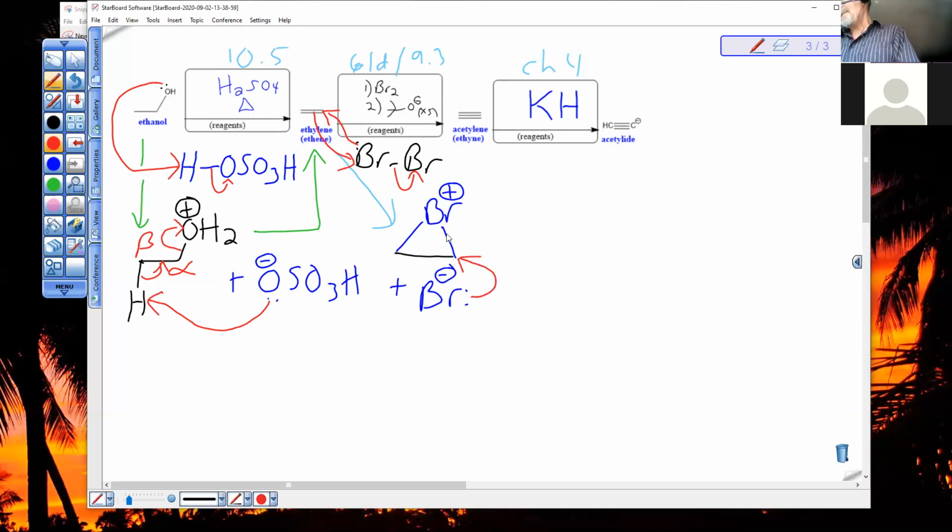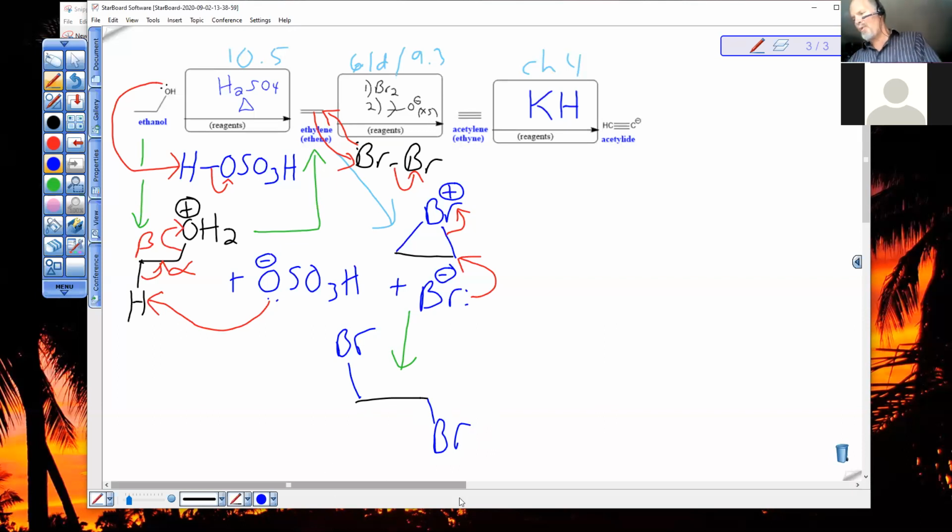Backside attack. Leaving group does its best to leave. It can't leave entirely because it's tethered on both sides. And what do we have here? We have this bond to bromine, which did not go anywhere. New bond to bromine. And that's the end of step 1.